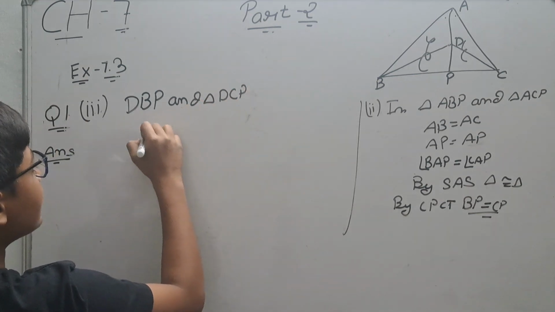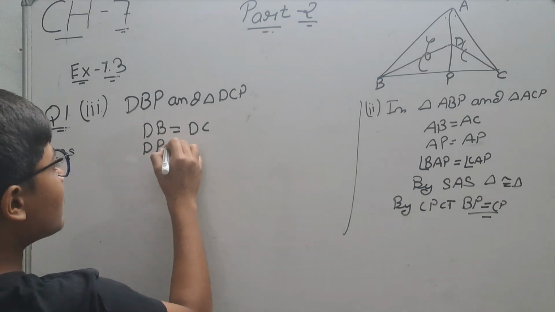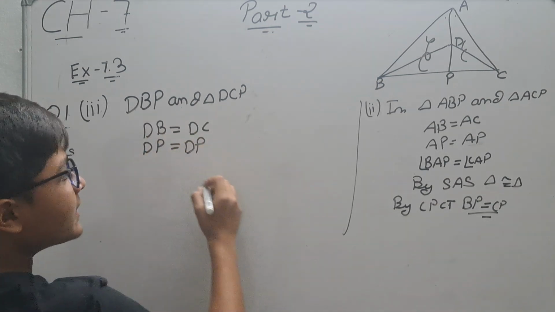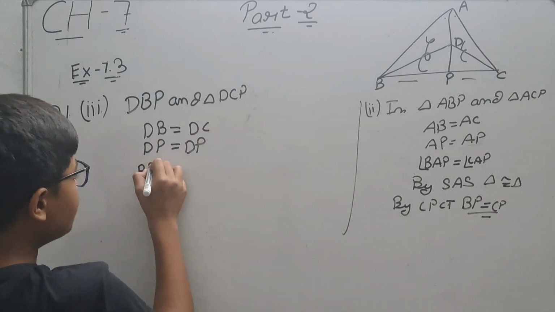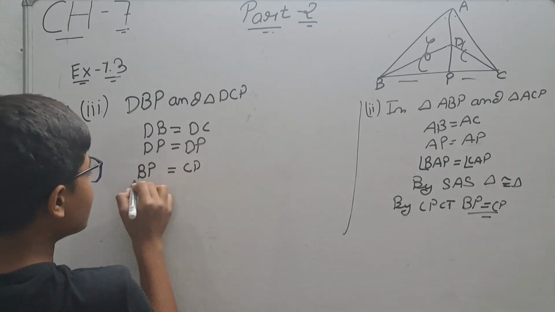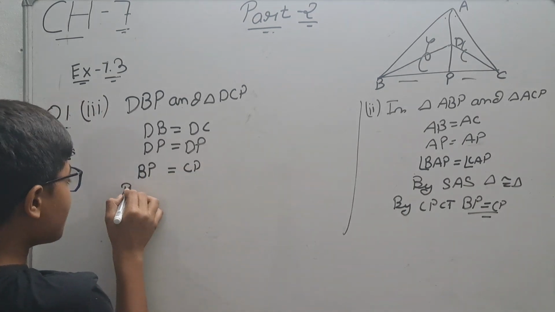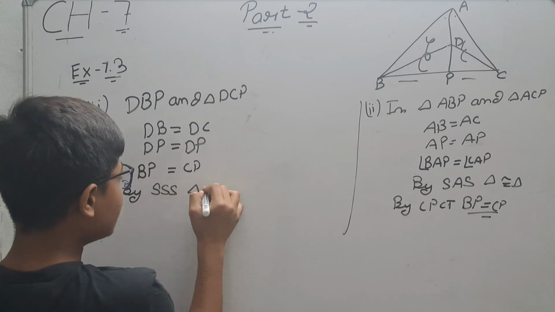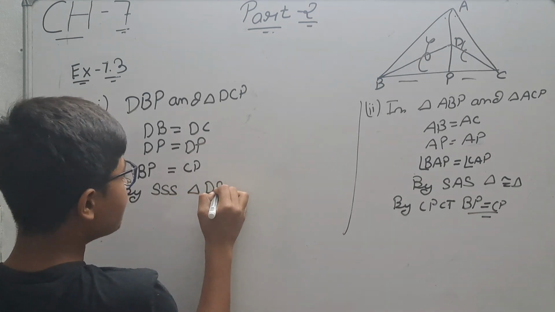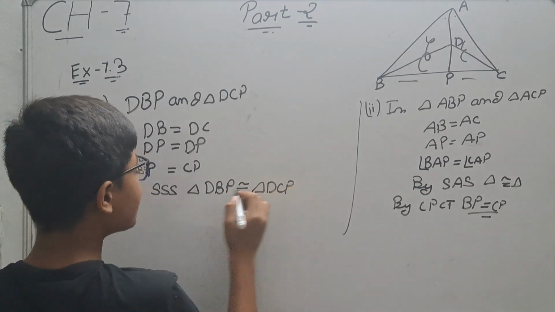I can say that DB is equal to DC, DP is common, and we have proved that BP is equal to CP. So by SSS, triangle DBP is congruent to triangle DCP.